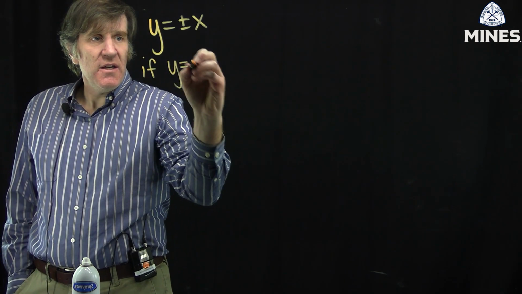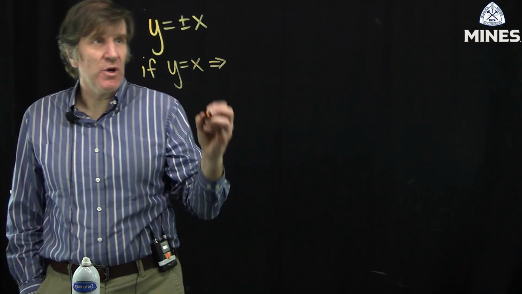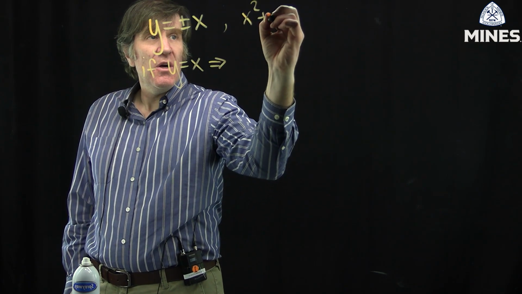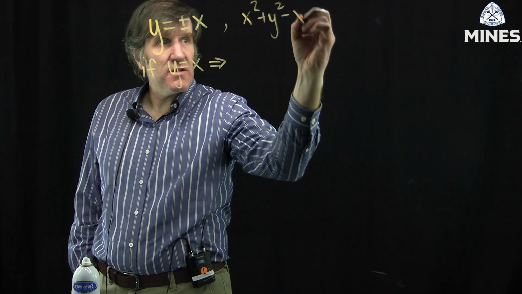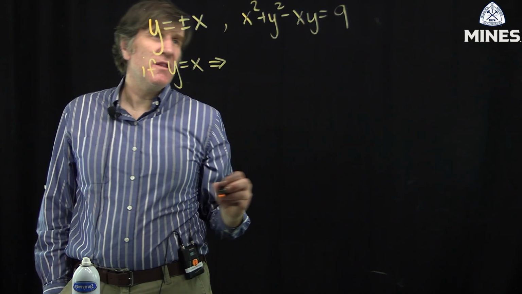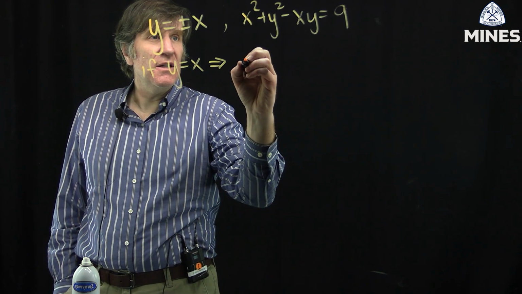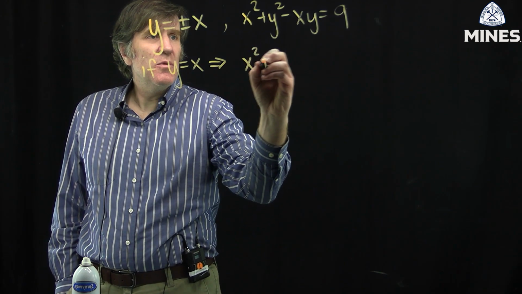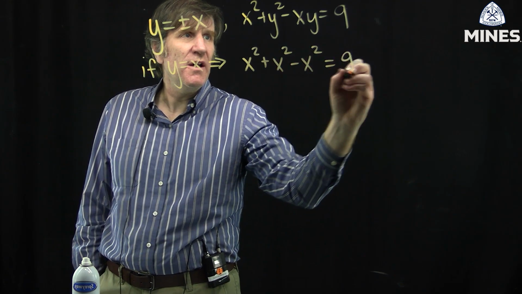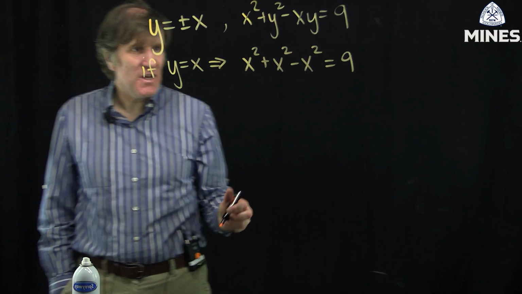If y equals x, then our third equation, which remember was the constraint equation, let me write that down again: x squared plus y squared minus xy equals 9. If y equals x, then what does that equation become? We end up with x squared plus x squared minus x squared equals 9, because if y equals x, then this is an x squared and this is an x times an x.